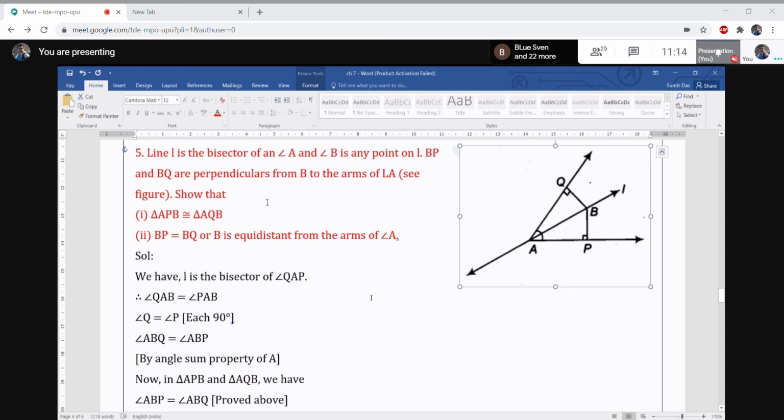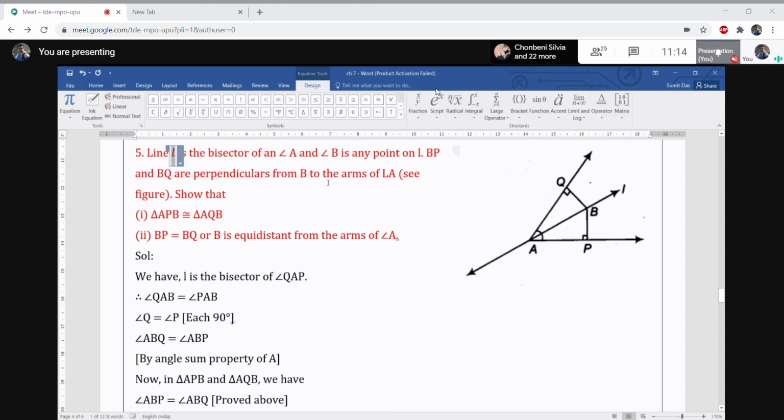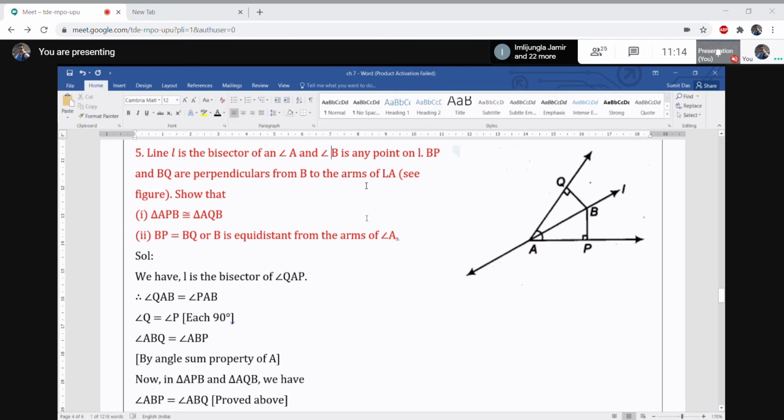Question number 5 is: line L is the bisector of angle A, and B is any point on line L. You can see B is any point on the line L. BP and BQ are perpendicular from B to the arms of LA.